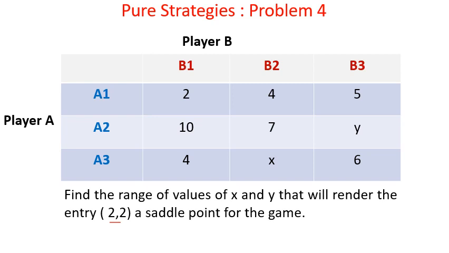If I just neglect x and y, minima is 2, row minima is 2, and if I am not considering y here, minima is 7, and here it is 4. Okay, 2, 7 and 4. Similarly, column maximum, here it is 10, this is 10, here it will be 7, and this will be 6: 10, 7, 6.